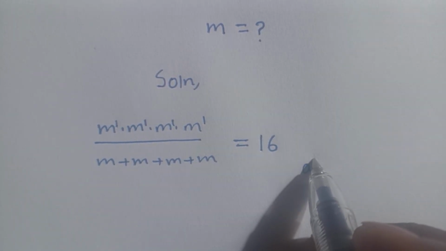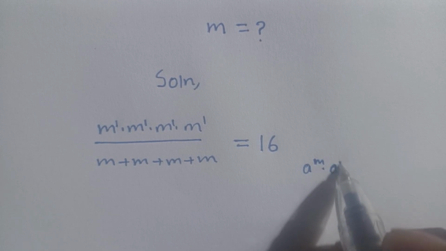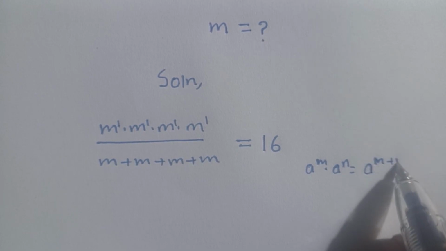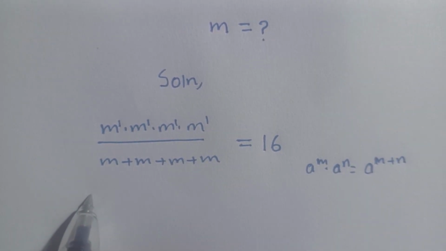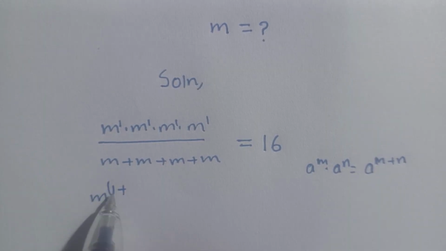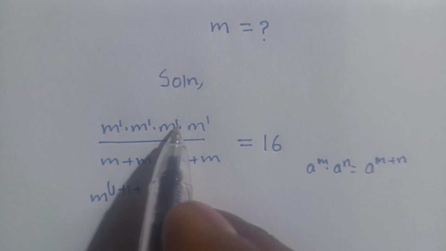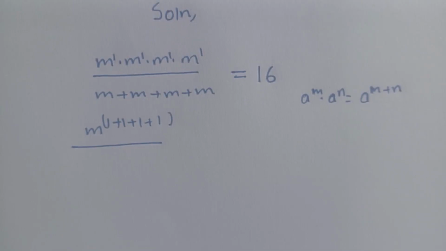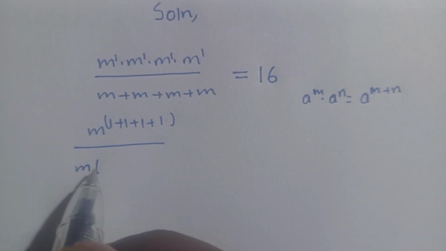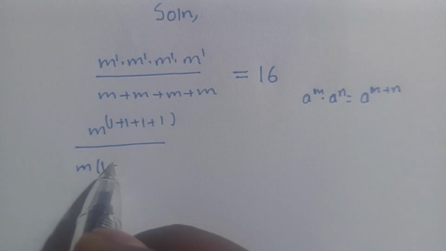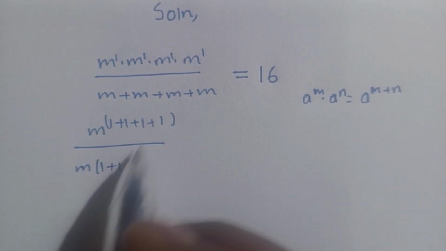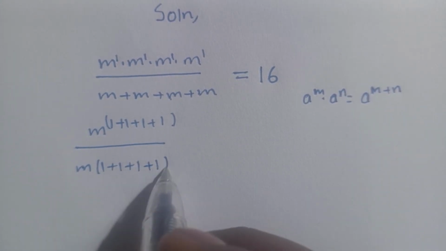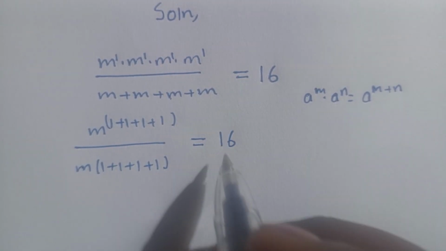Using the rule a to the m times a to the n equals a to the m plus n, m is raised to 1 plus 1 plus 1 plus 1, over m divided by m plus m divided by m plus m divided by m plus m divided by m, equals 1/6.